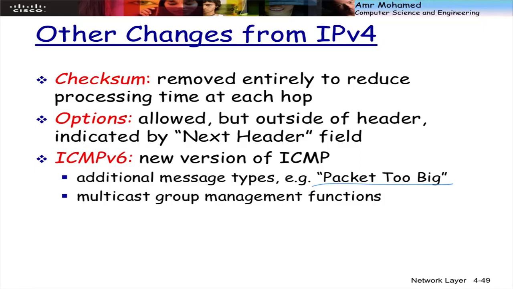Of course, IP version 6 comes with a whole protocol suite. When they went to IP version 6, they found out that everything else has to change. So ICMP has to change to version 6, right? All the dynamic routing protocols have to change because the routing table format will have to change.